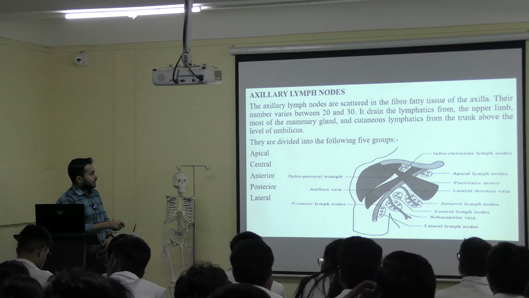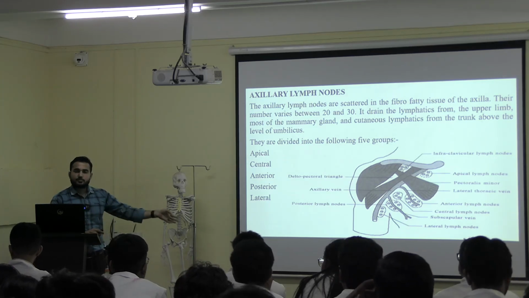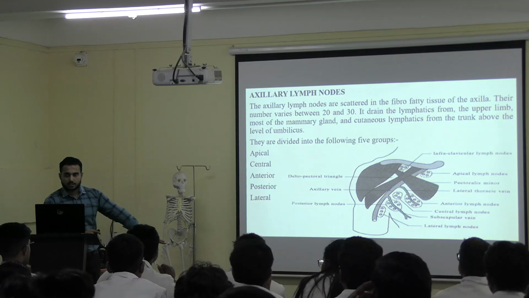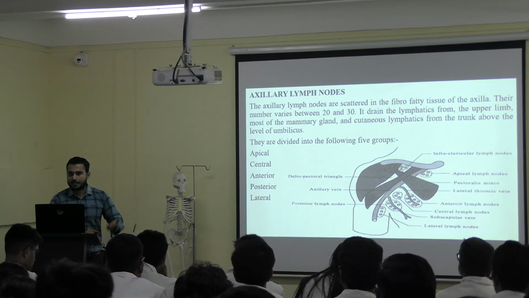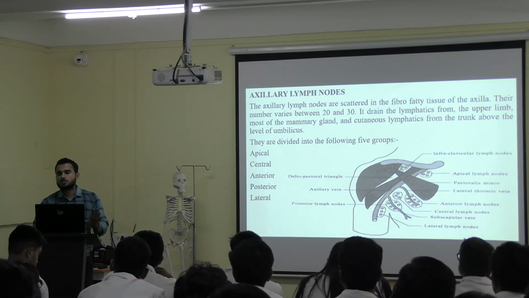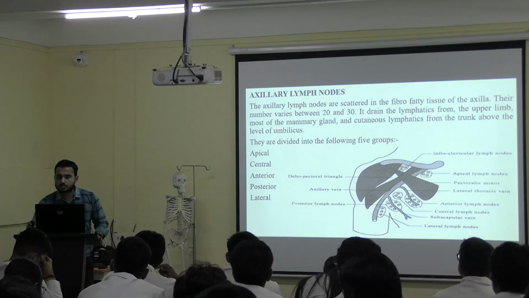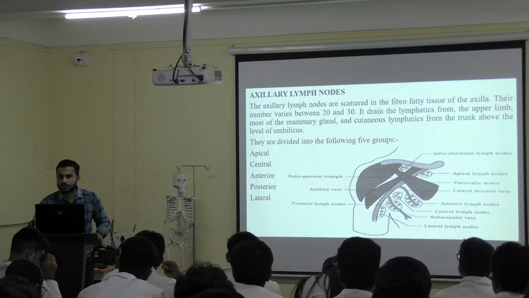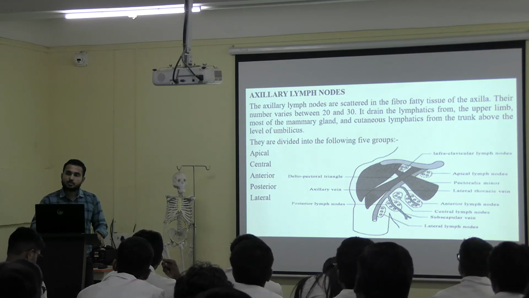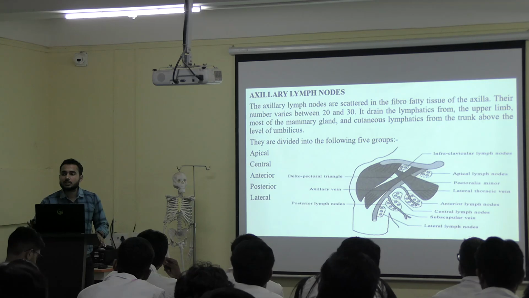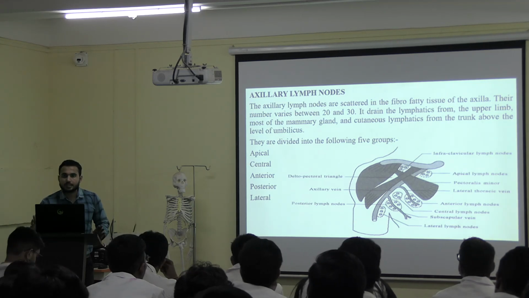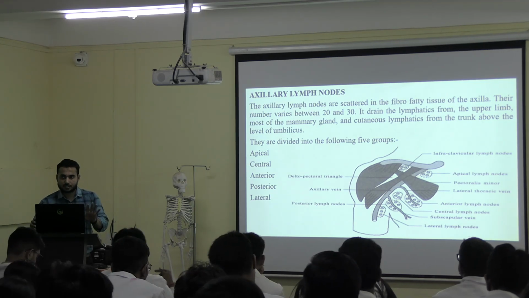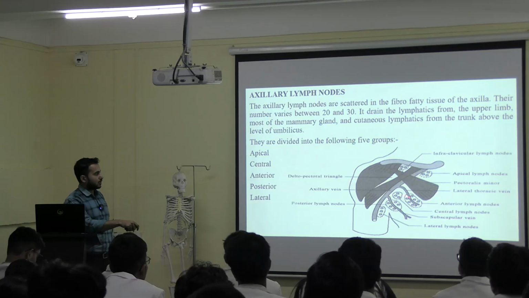Now see here, the apical group. In the case of lymph nodes, suppose a question comes: write a short note on lymphatic drainage of the breast, or on the axillary group of lymph nodes. First of all, you have to know the name of the groups of lymph nodes. In the axilla, 5 groups of lymph nodes are there, and you can see the location.